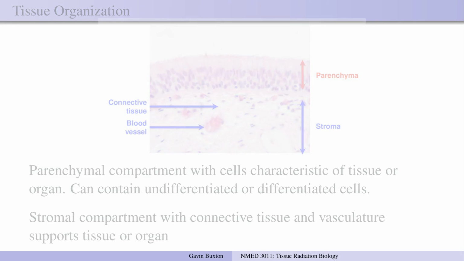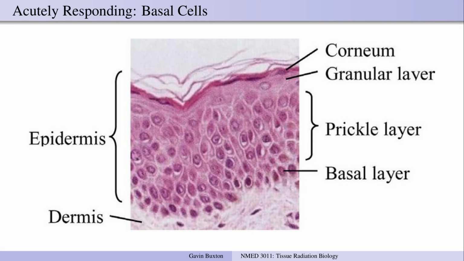Now, in terms of how responsive these tissues are, here's an example for basal cells. Acutely responding normal tissues manifest radiation damage typically within a few months after irradiation, because they are self-renewal tissues containing rapidly dividing stem cell populations.